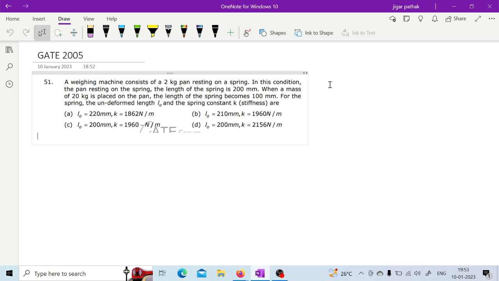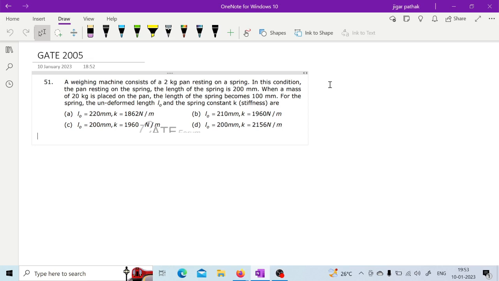In the free length equation we are using the total gap term, and that total gap means the compressed condition or the free condition?